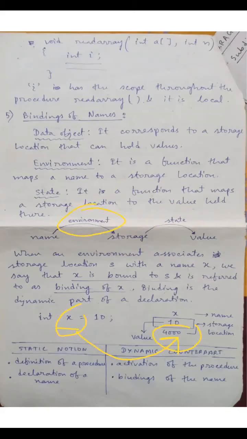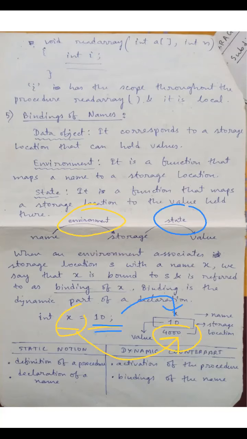Okay. Now, once you get the location or the address, that is here 4000, then you will put the value that is held by x into this location. This mapping is called state. So state means you are putting the value of the variable into the location that is assigned by environment.